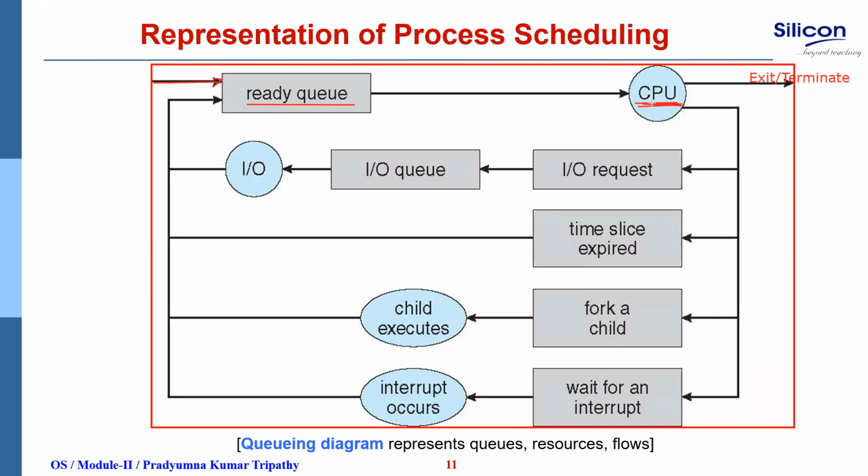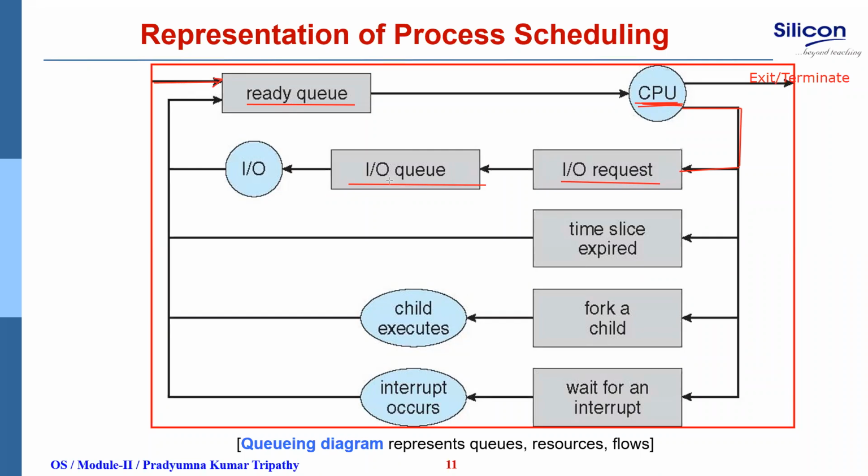So if any IO request occurs, it will be added to an IO queue. IO queue means the input output device queue. Suppose it requires the keyboard, so it will be added to the keyboard queue.